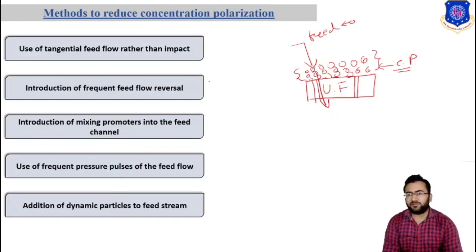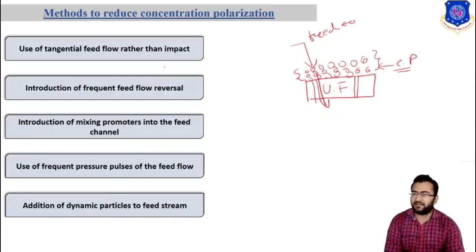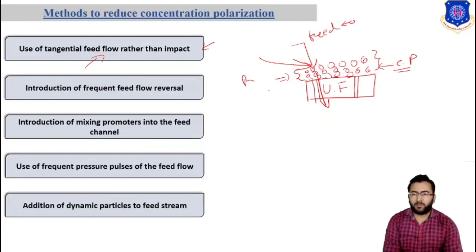To reduce the concentration polarization, there are various techniques, such as the use of tangential feed flow rather than impact flow. So we have to apply tangential flow. If we apply tangential flow, this accumulation of molecules will be run off, and the membrane surface will be clean. So this is one method for removing accumulated solid particles on the membrane surface.